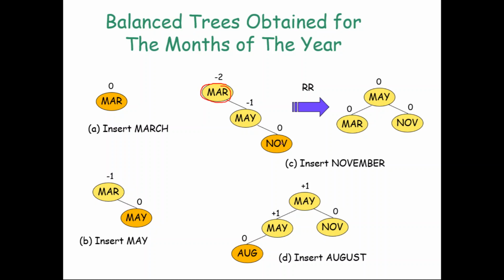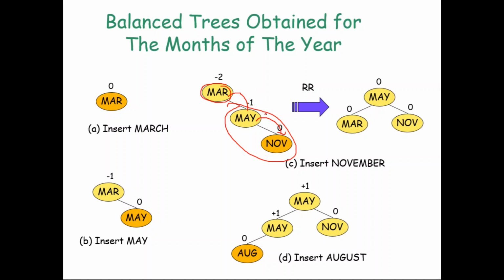Where is November coming? November is coming in the right subtree of the right subtree of March. There is some subtree to the right of March, which is May, and to that subtree November is coming as a right child.